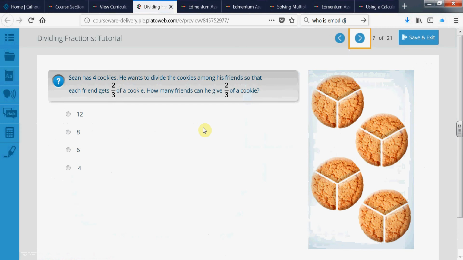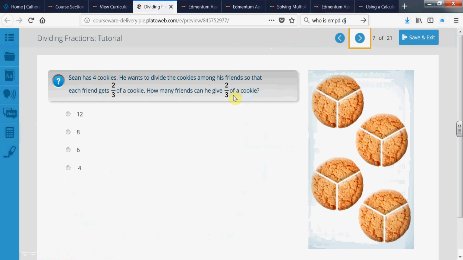Okay. Sean has 4 cookies. He wants to divide the cookies among his friends so that each friend gets 2/3 of a cookie. How many friends can he give 2/3 of a cookie?